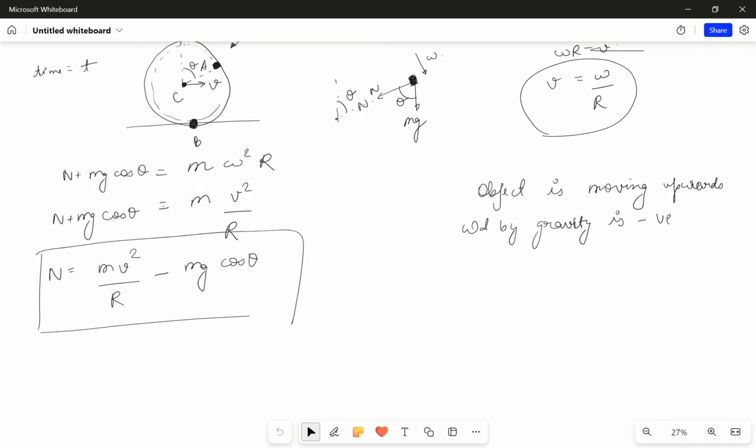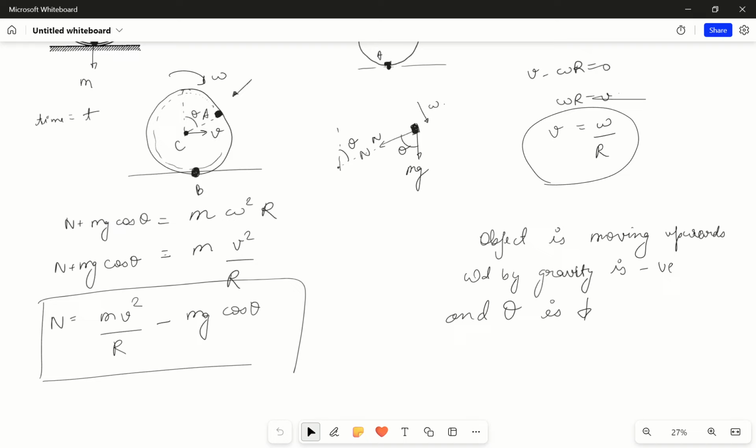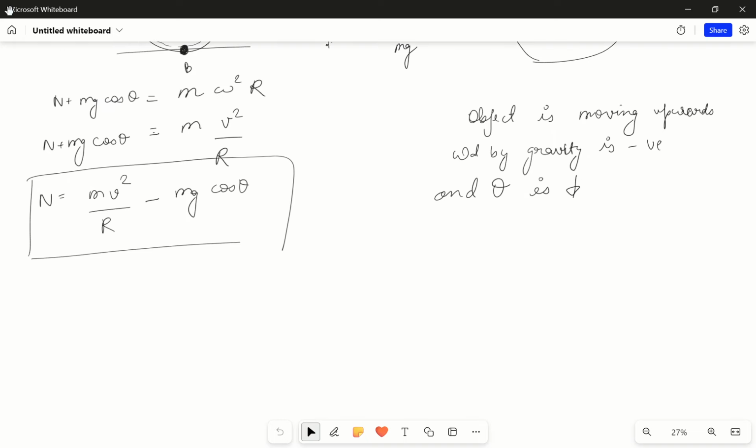As the object is moving upward, the work done by gravity is negative, and theta is decreasing. We have assumed theta is this angle, here is the object A. Initially theta was 180.